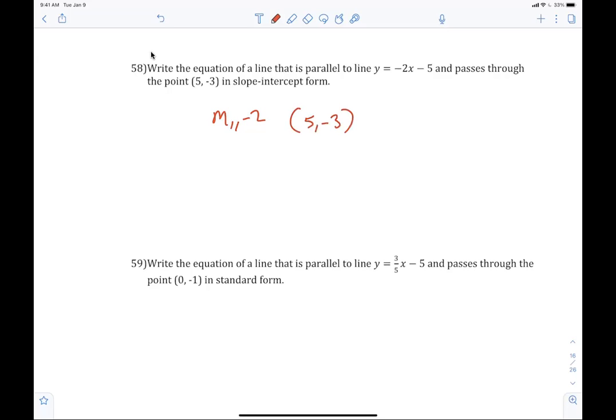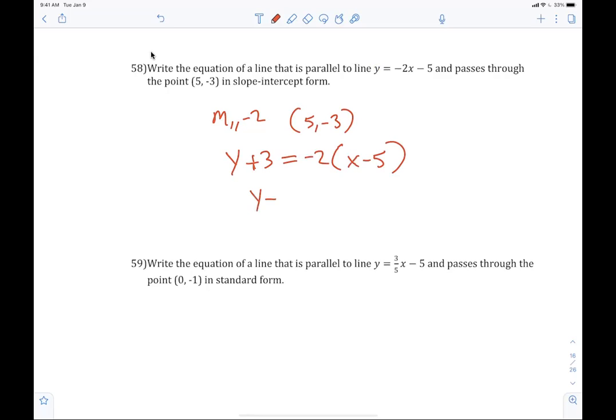So it's a point and a slope. So we just write it in point slope. So y plus 3 equals -2 times x minus 5. Perfect. Now we're going to convert that to y equals mx plus b.